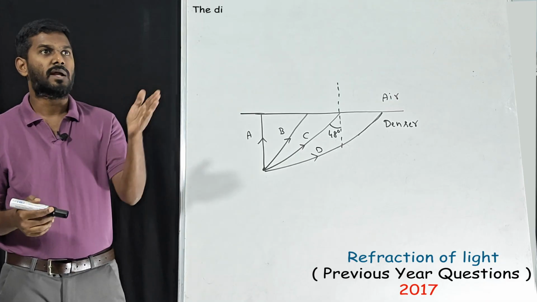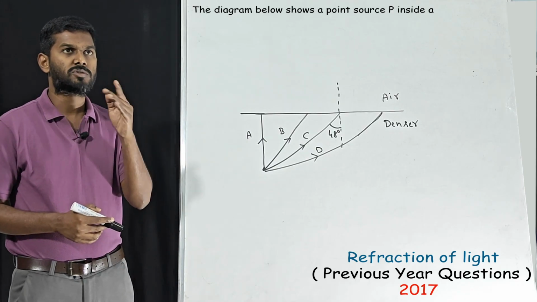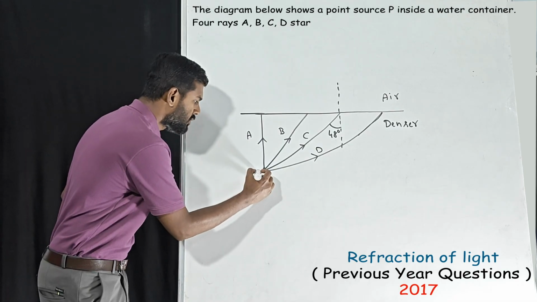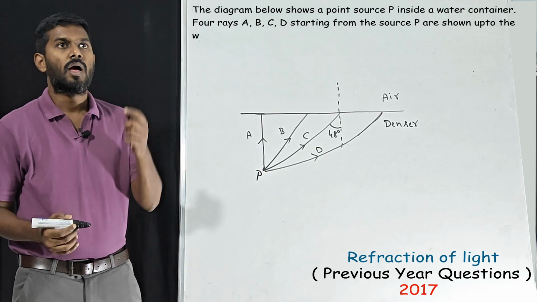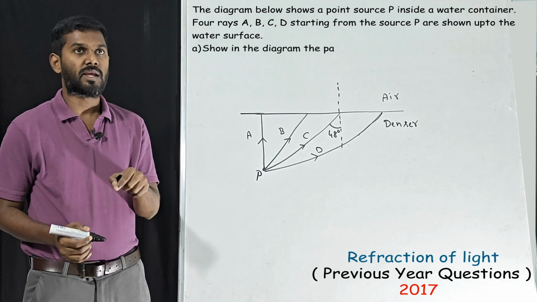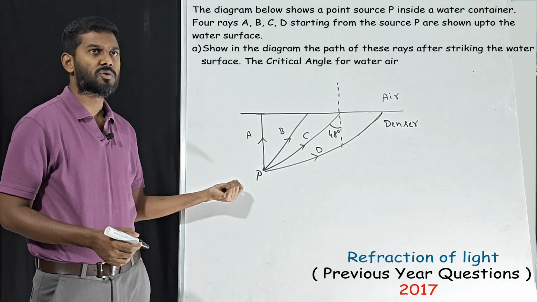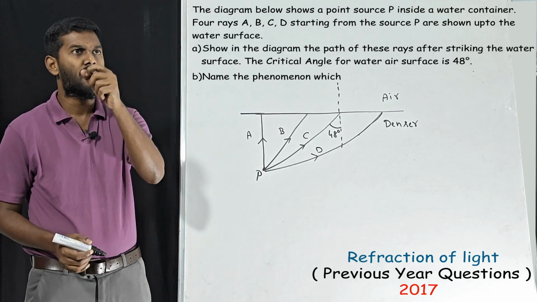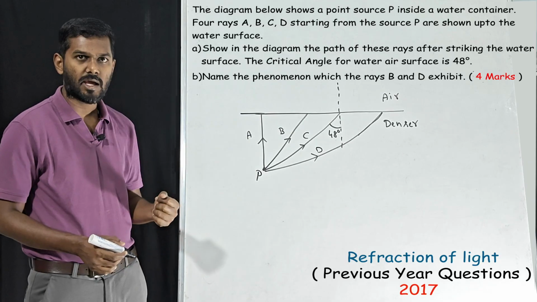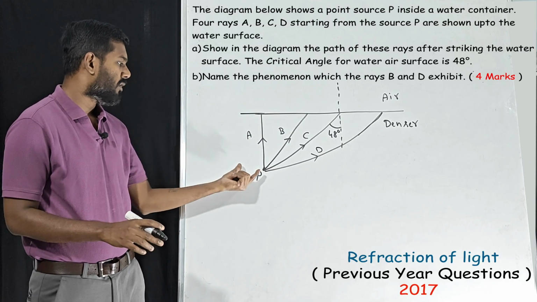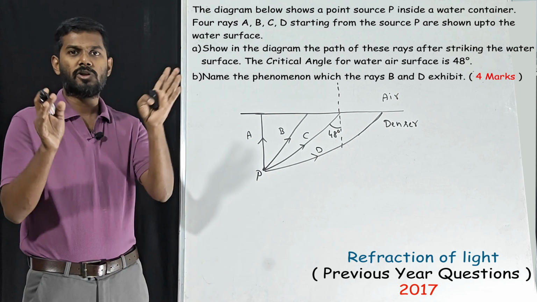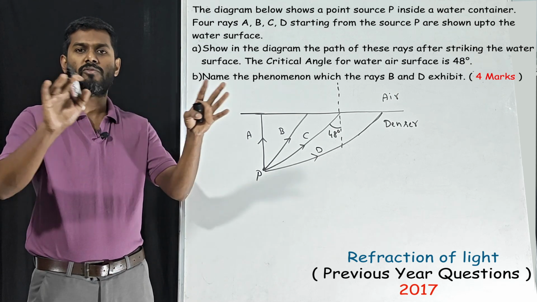Our next question: the diagram below shows a point source P. This is the point source P inside a water container. 4 rays A, B, C, D starting from the source P are shown up to the water surface. So this is the diagram. See, very simple question. From a point P, 4 different light rays are going in 4 different angles.